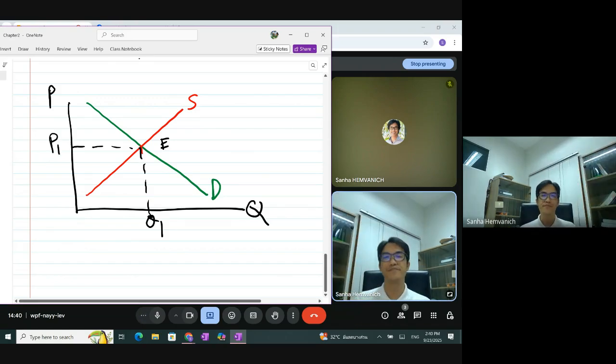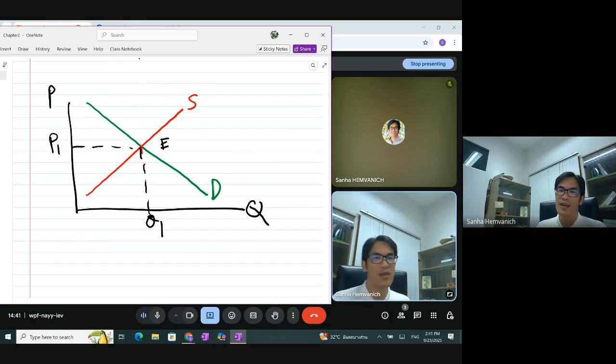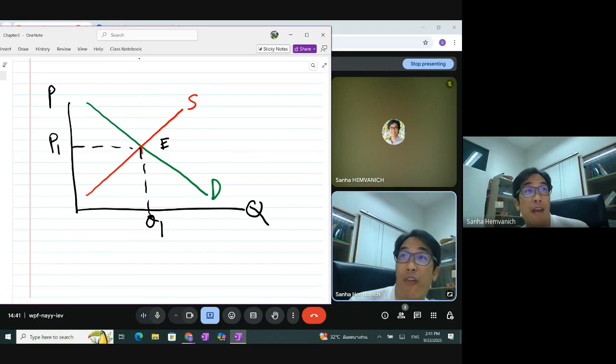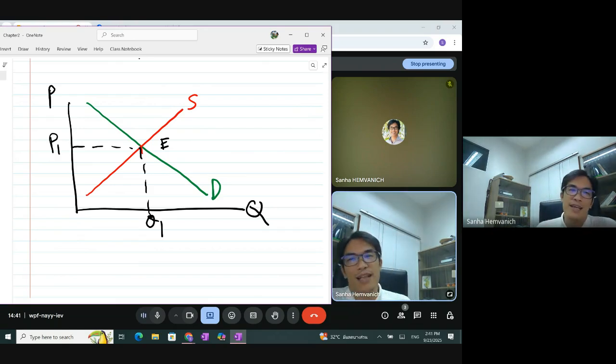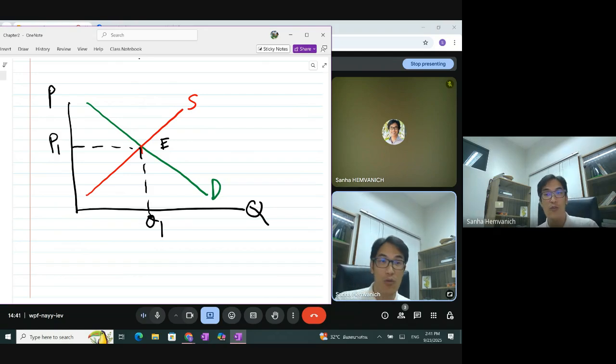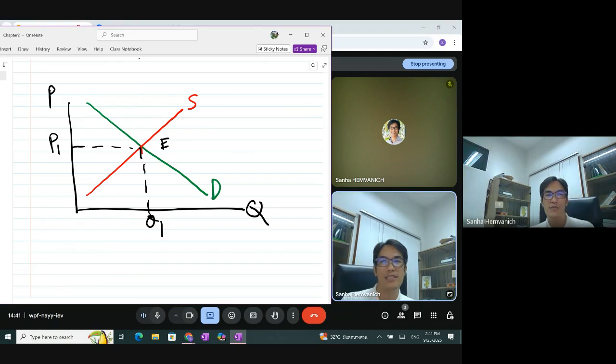Okay, so it's the same thing, same demand and supply, but now we look at it in a different way. We look in terms of welfare, right? Let's assume that we are the government, and we would like to improve the welfare of people in the society. By people, we mean one side are consumers, one side are producers.